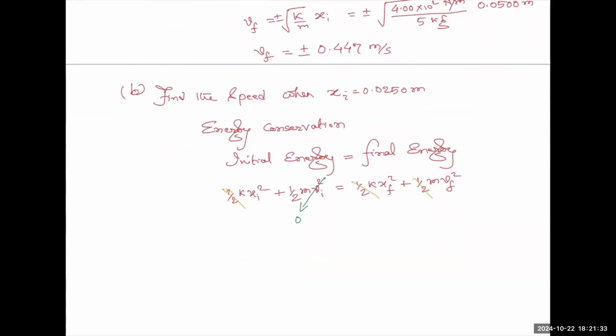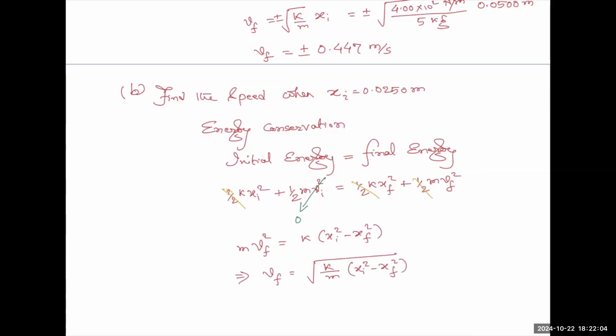So m vf squared equals k times xi squared minus xf squared, right? So my vf is the square root of k over m times xi squared minus xf squared.